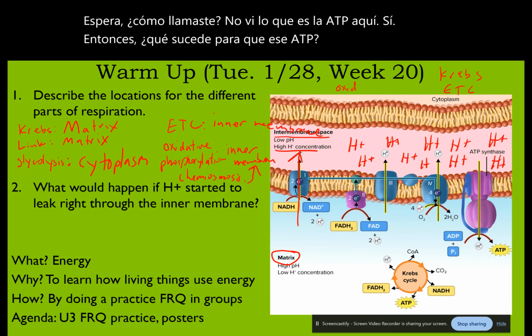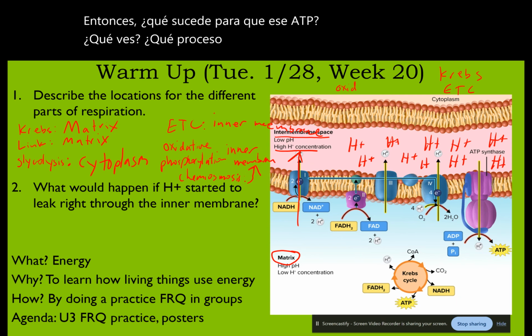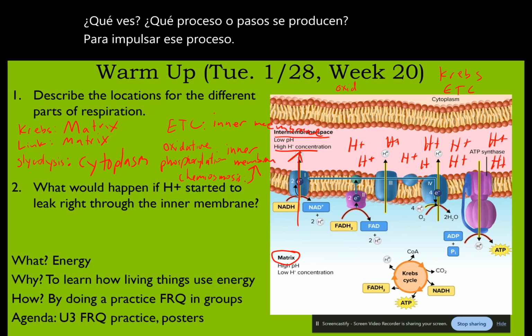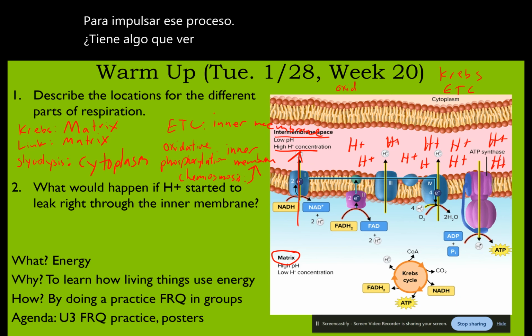What process or steps occur to drive that process? Does it do something with the hydrogen? Yeah, there's a lot to do with the hydrogen. What's happening to that hydrogen?